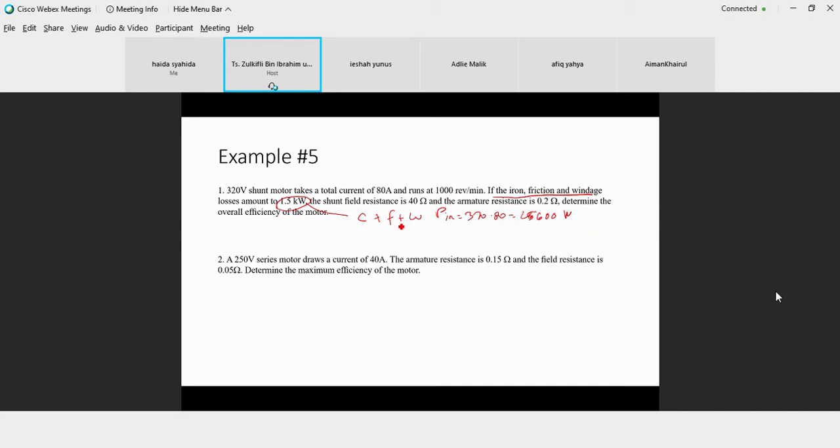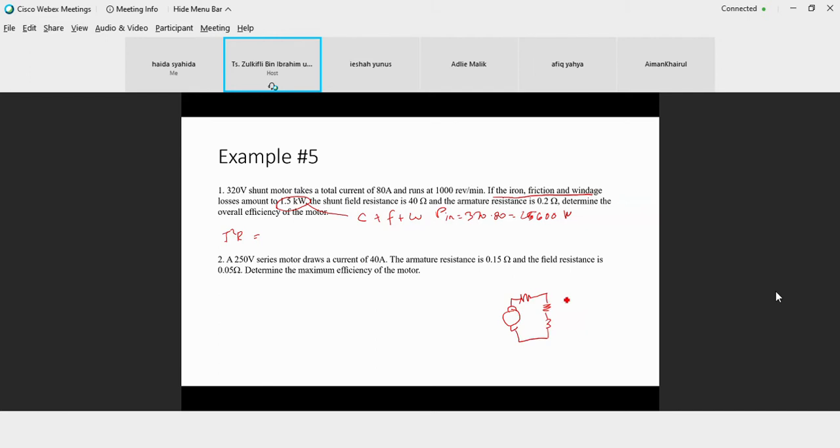You need the conductor losses, the copper losses. So you need to find I square R, and also the field resistance. I square R means, if you look at your shunt machine, it will be like this. You need to visualize the shunt machine.